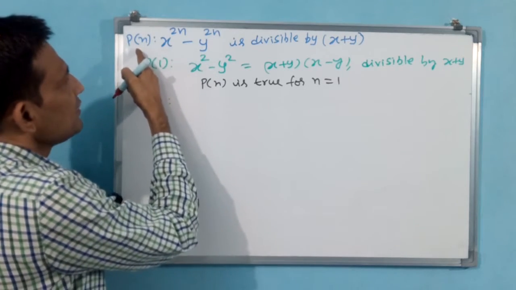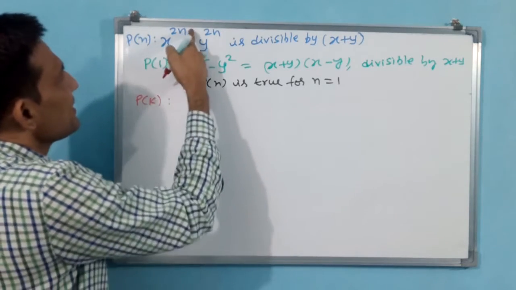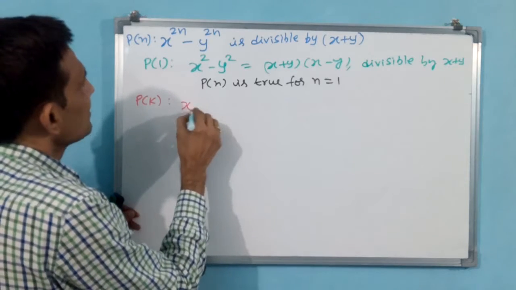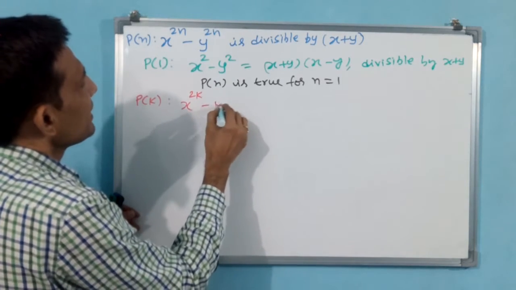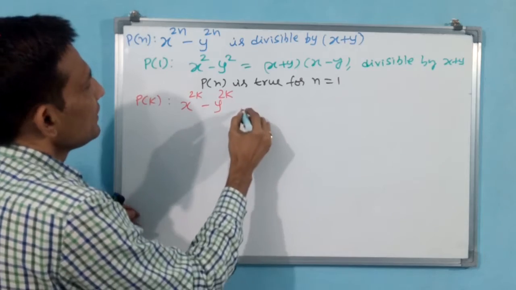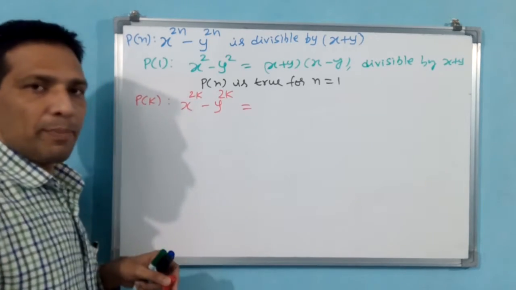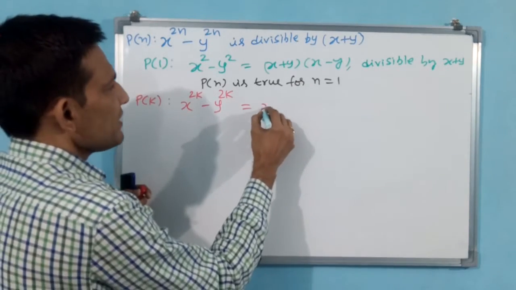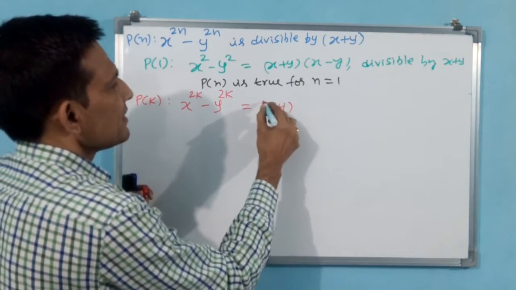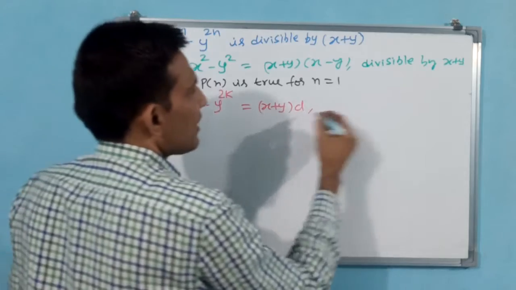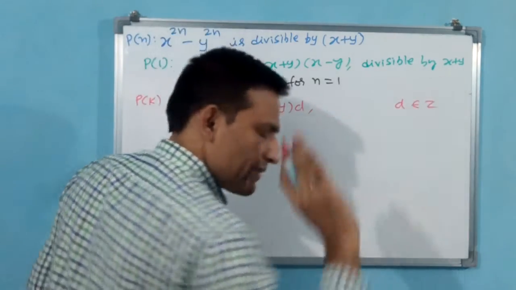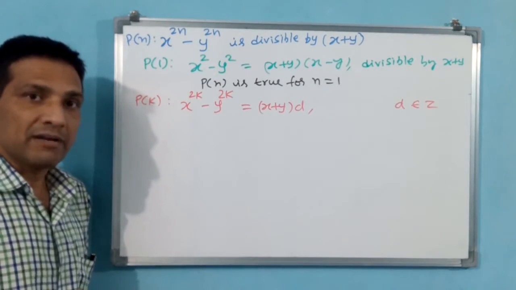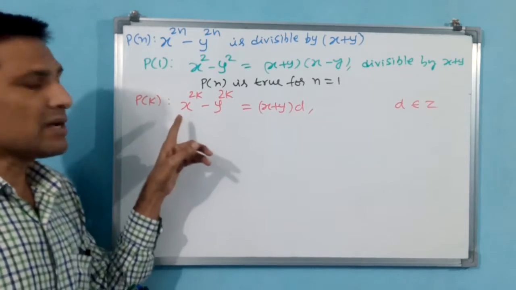You copy this P of n, but replace n with k. That's all. x power 2k minus y power 2k is equal to, now you have to write, see, here x plus y is there, x plus y into d. What? d belongs to Z. Definitely you write Z here. Don't write N. Why? Because you don't know whether y is bigger or x is bigger.